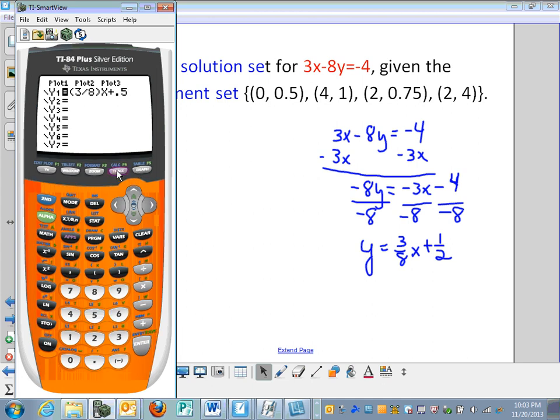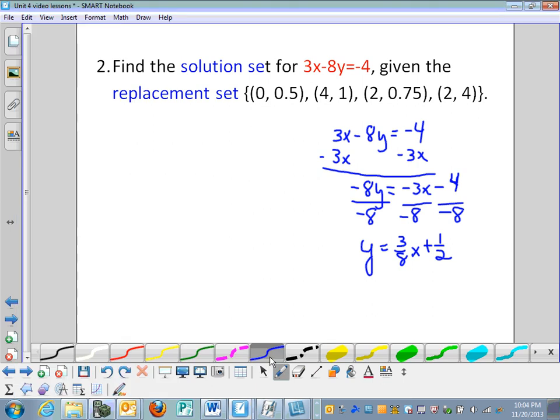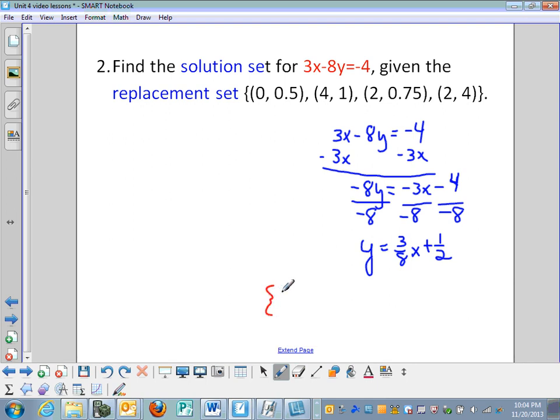I'm going to hit trace, and when x is 0, y is 0.5. So the first point is in the solution set: curly bracket, (0, 0.5).